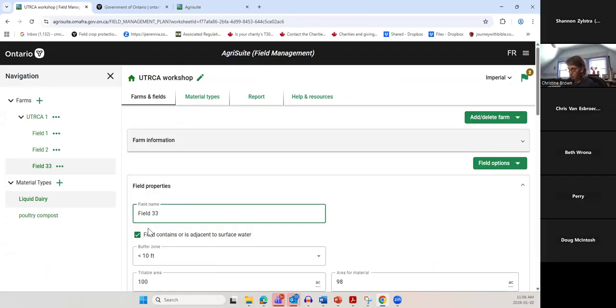Then I wouldn't have to put that crop rotation back in. If I've got a lot of fields that are similar in crop rotation, yields, soil type, then that copy tool means you don't have to input everything all over again. Go back to field 1.